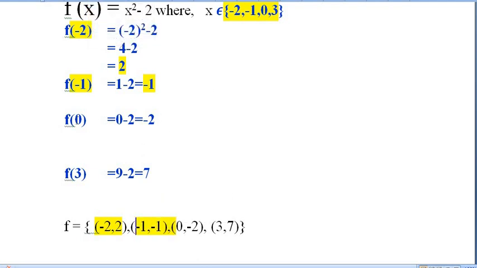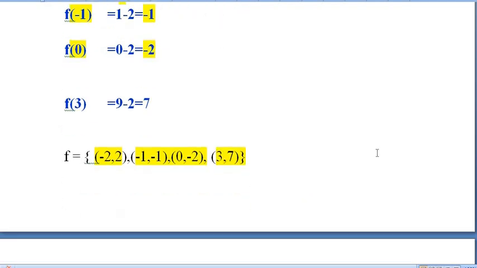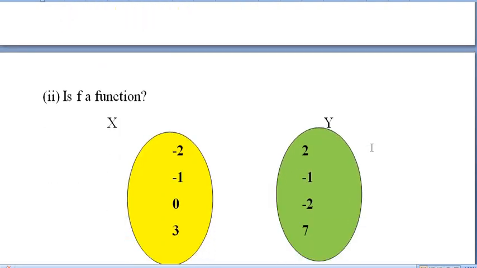And 0, minus 2. Here see 0 and here minus 2. And here 3, and the last element is 3 and 7. So I hope you understood. So this is f. Now is f a function?